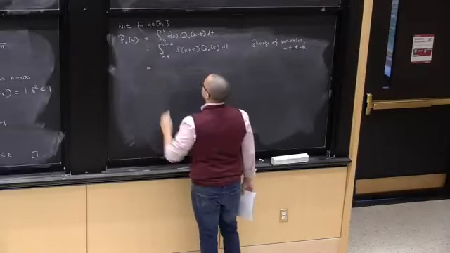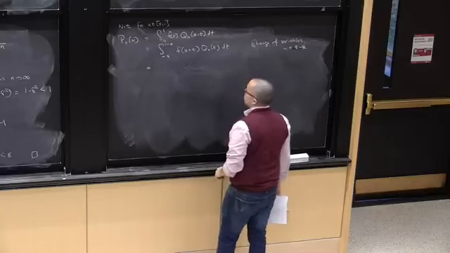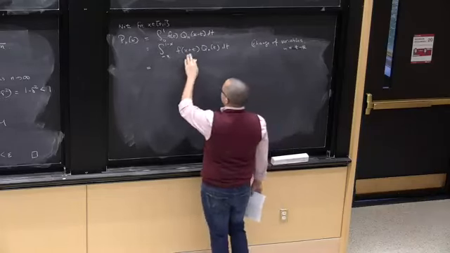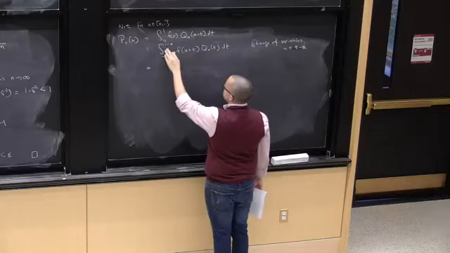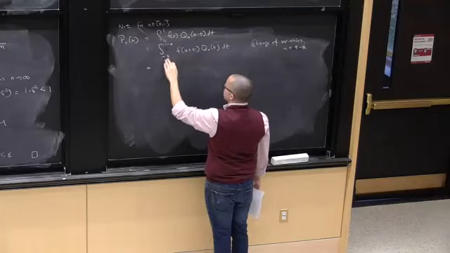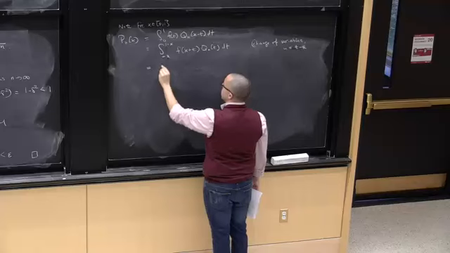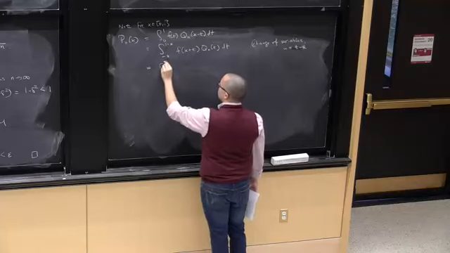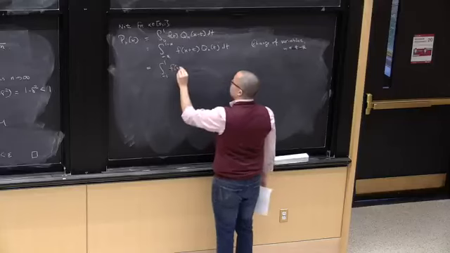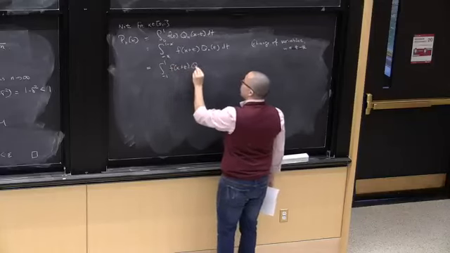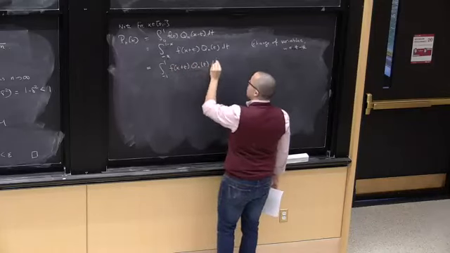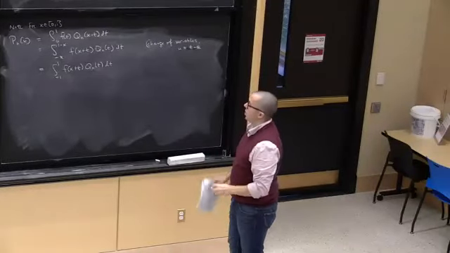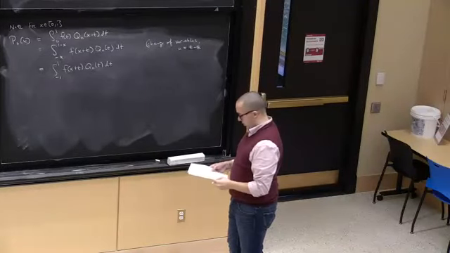But now, this f of x plus t, for t between minus x and 1 minus x, it's actually 0 outside of that. So I can extend the integration to minus 1 and 1, again with the understanding that I've extended f to be 0 outside of [0, 1].